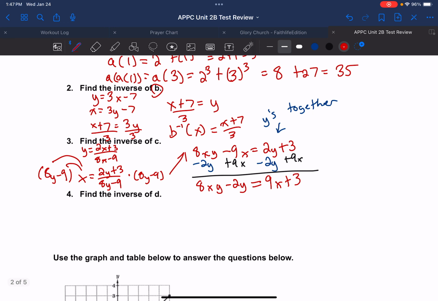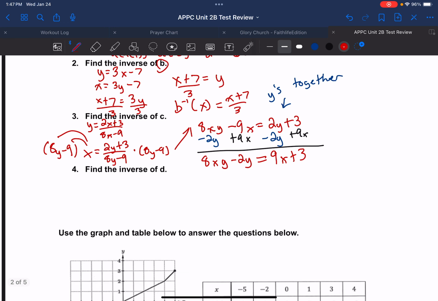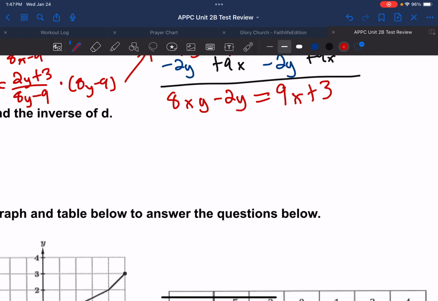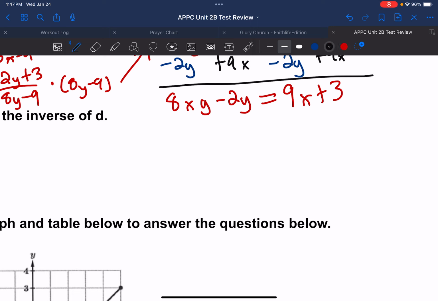And then here, this one's a little bit confusing. It shouldn't be like this on the test, but you might be tempted to go ahead and factor out the 2, which by all means, if I wanted to factor out 2y, I can. It would be correct. You're just going to add steps to this though. That's part of the issue. So I'm trying to get y by itself, so all I'm going to factor out is the y.